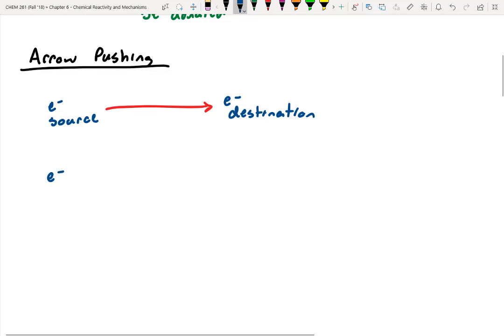However, sometimes, especially with newer students, you see them have an arrow that's single-headed like that. These are actually two very different reaction arrows. All right, the first one, the double-headed arrow, indicates movement of two electrons.